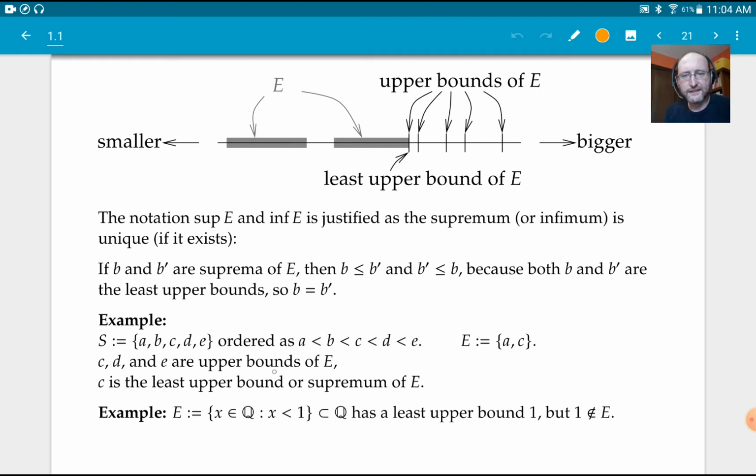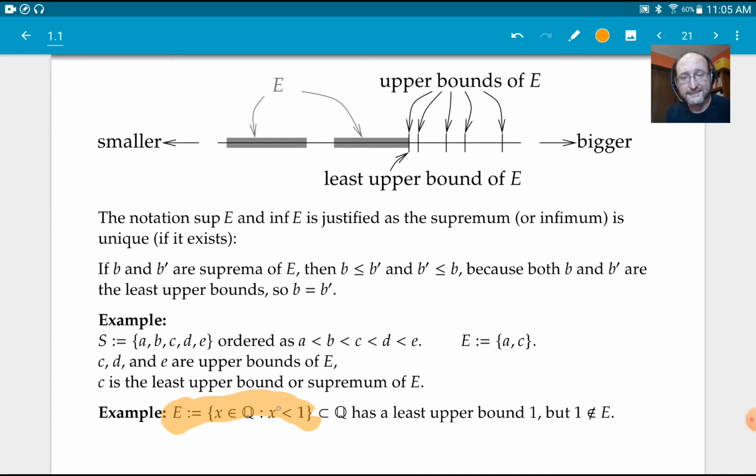All right. Notice here that C is in E, but that doesn't have to be the case. For example, if we look at the rational numbers and all the points that are strictly less than 1, so not equal to 1, that set has a least upper bound 1. 1 is clearly an upper bound.